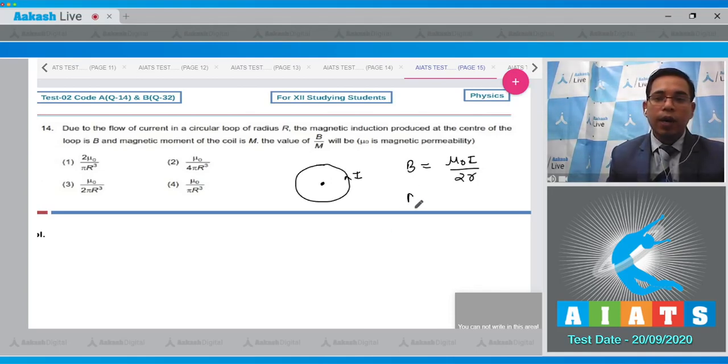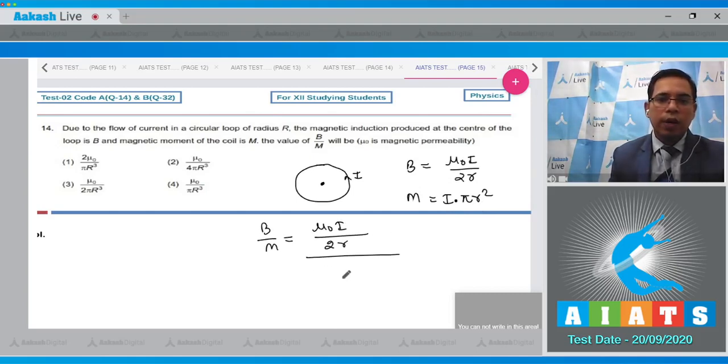And the magnetic moment will be I into area, that is pi r square. From here B by m will be equal to mu naught I divided by 2r, whole divided by I into pi r square. Then I will cancel out, and it will be equal to mu naught upon 2 pi r cube. Hence option number 3 is the correct answer.